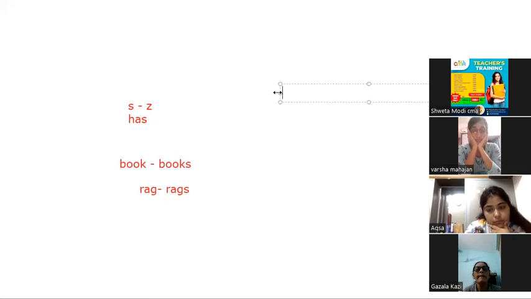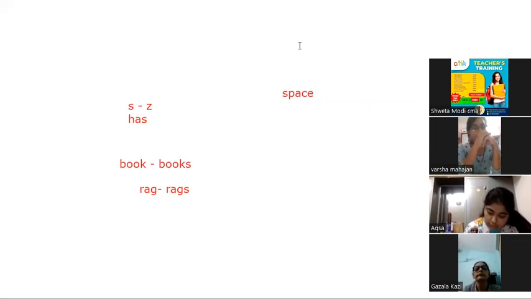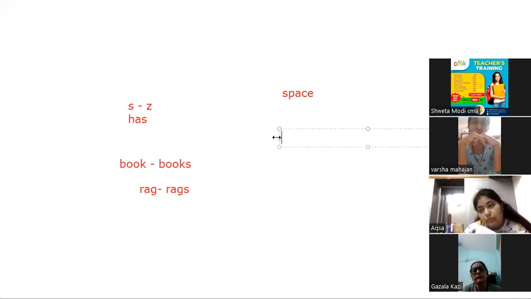Whenever you have a magic E word, there you will have to use CE. That means when you have a long vowel sound, for example, if you are taking dictation and you say the word space, the child will write S P. You have to tell the child that it is a long sound, which means the magic E rule has changed A to A. So S cannot come in space.